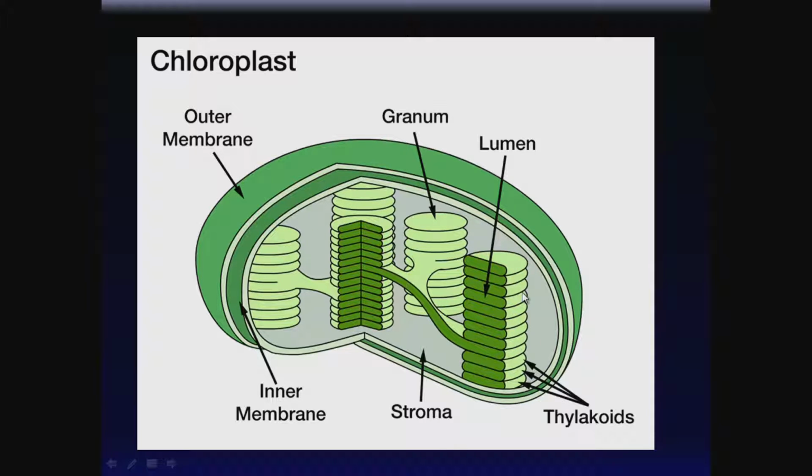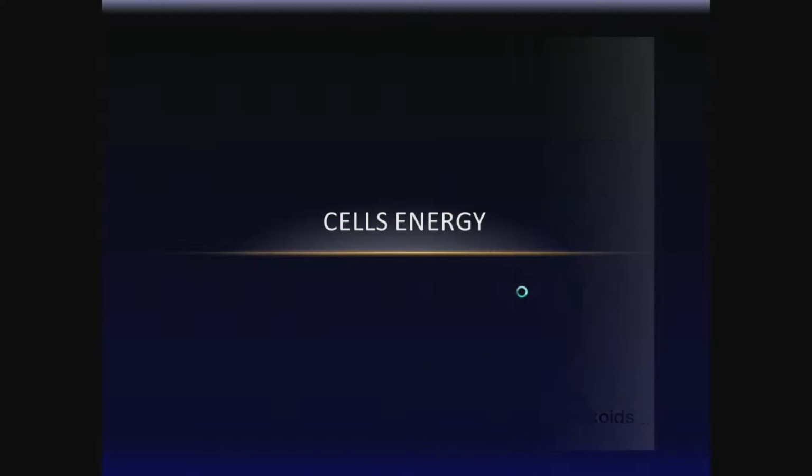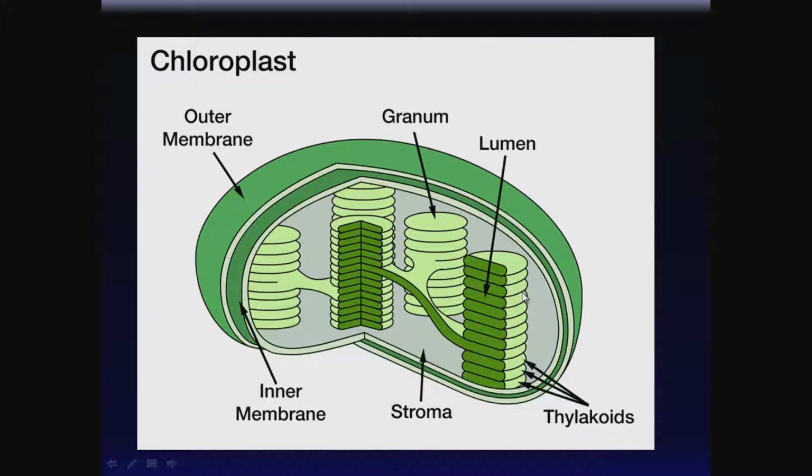The whole stack is called a granum, like the granaries that store grains or salt. Each individual pancake-type thing is a thylakoid. So thylakoids are those individual sacs, and the whole column of thylakoids is called a granum.